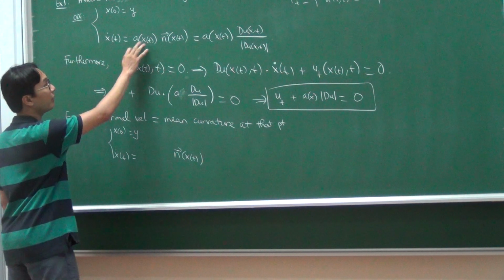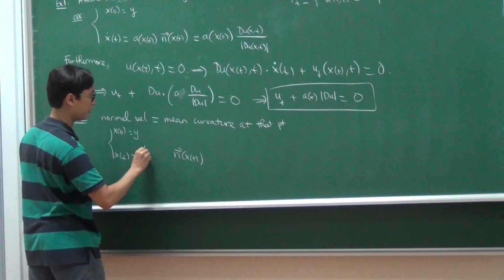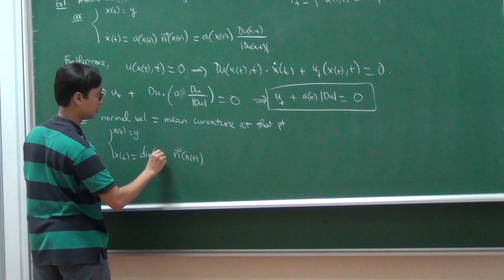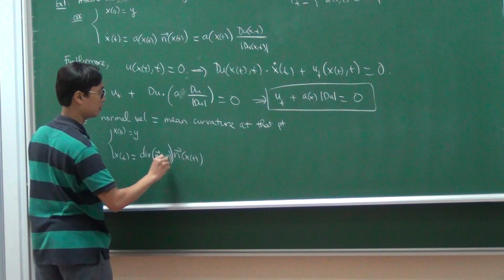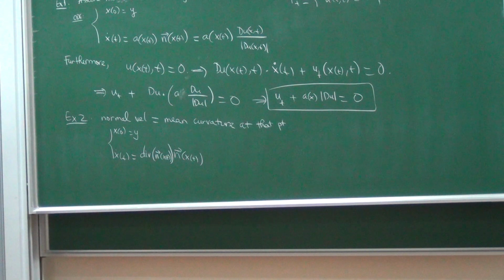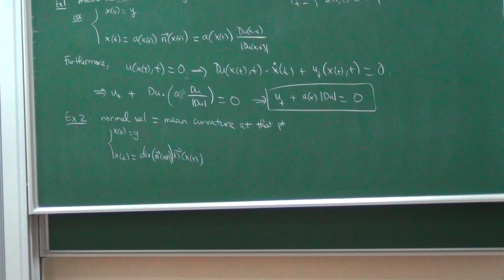the mean curvature times the normal vector n(x,t). And the mean curvature can be written as the divergence of the normal vector. In other words, you have the normal vector field. So you measure the change, you take the gradient of the normal vector, and then you take the trace.